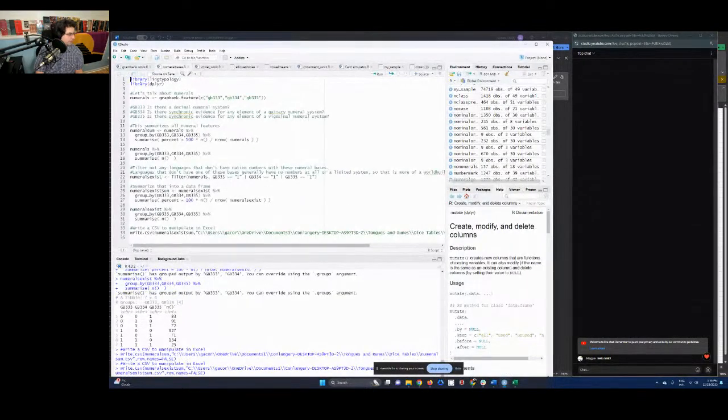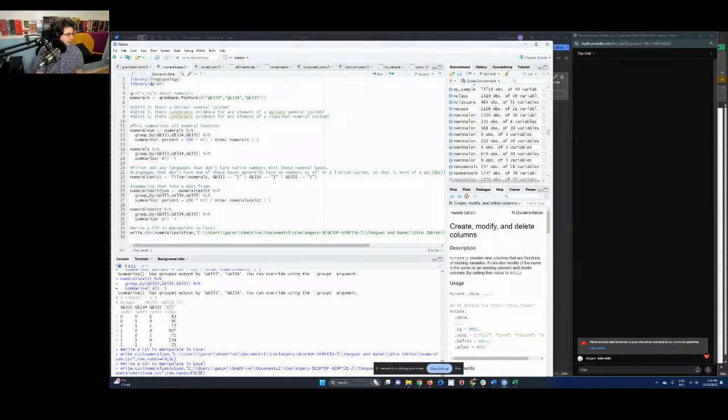So this is the package that I use to access GramBank. It also will let you access Phoible and WALS, and a number of other online databases for linguistic typology. This is just to make some data manipulation easier.